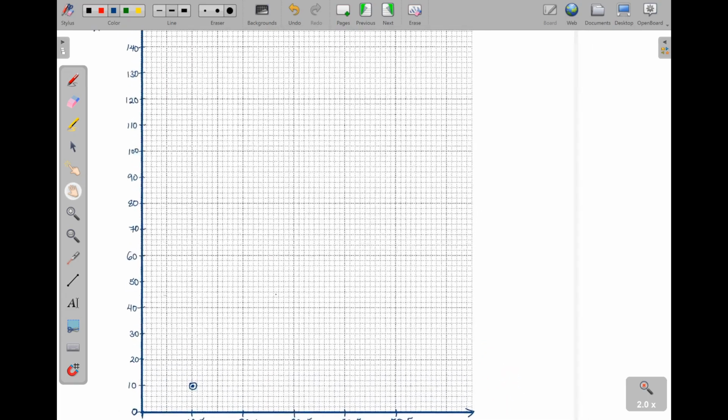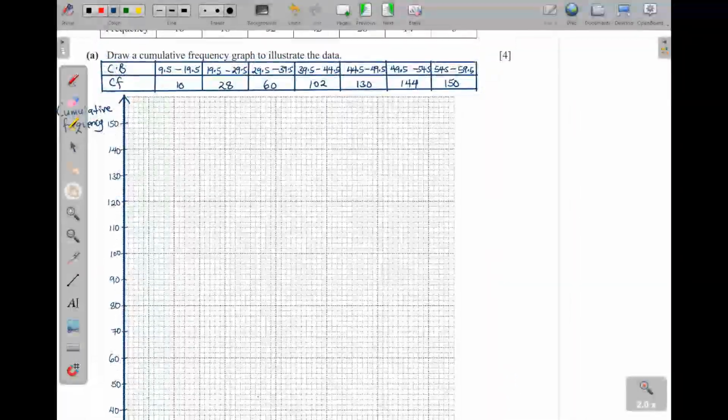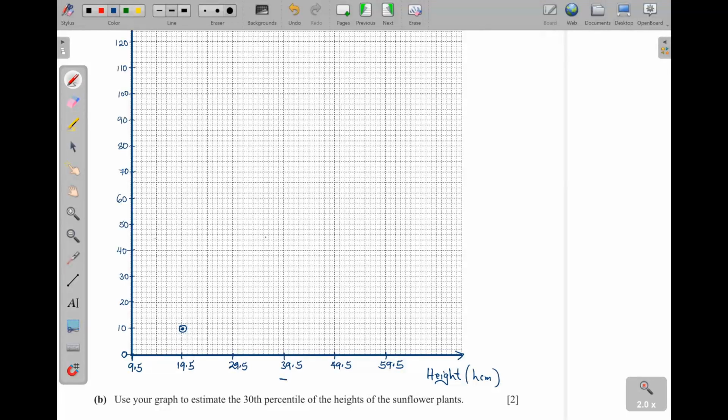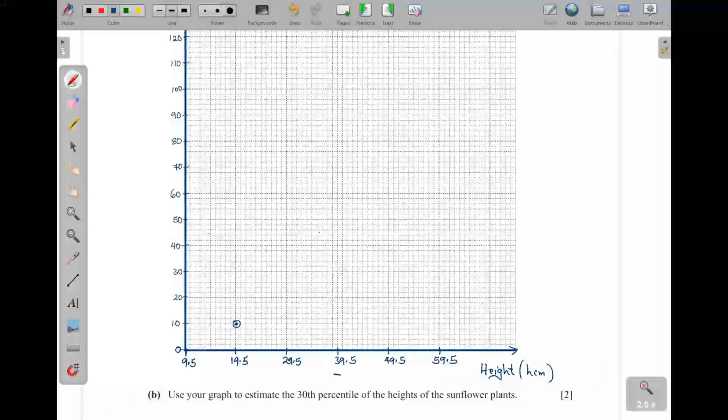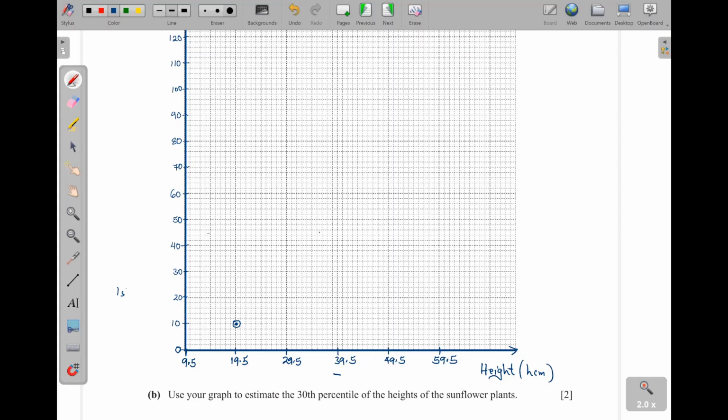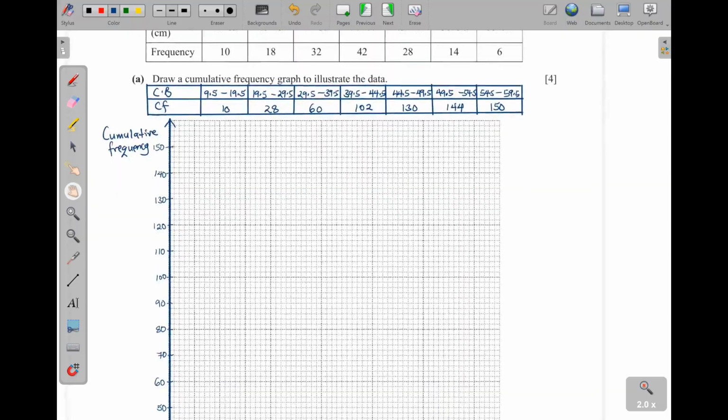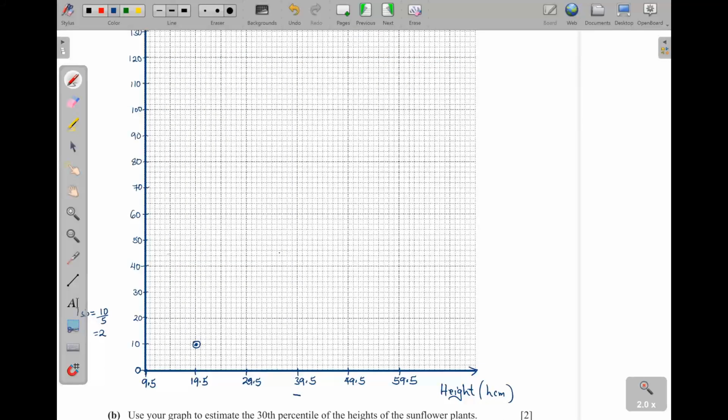Then the next one is going to be 29.5 and 28. On this vertical axis, one small box is equivalent to 10 out of 5, which is 2. So 29.5 and 28 will be one small box before the 30.